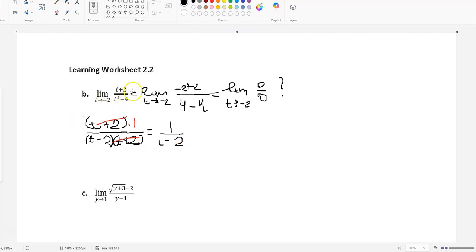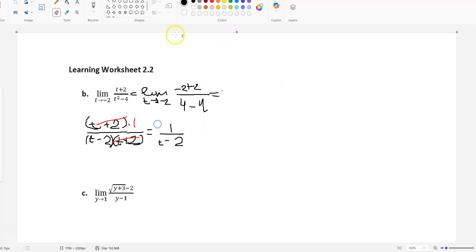What does it mean for this function, f of t equals t plus 2 divided by the quantity t squared minus 1? It means that the function still will not have a value at t equals -2, which we cancel, but its graph will have almost the same shape as the graph of the function 1 over the quantity t minus 1.